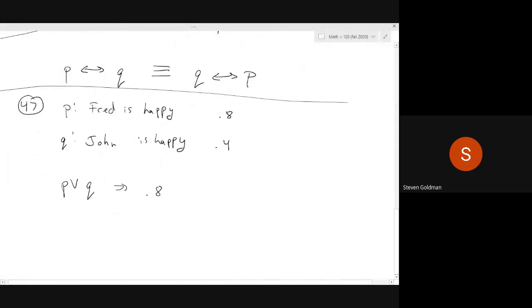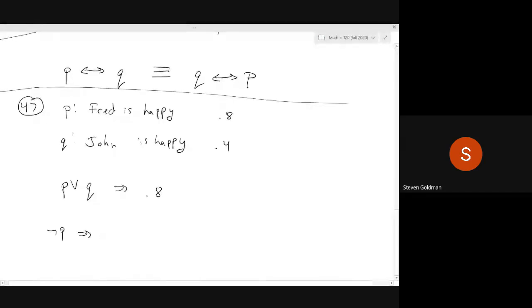You were also told in a previous problem, 45 in the 7th edition here, that the truth value of the negation of a proposition in fuzzy logic is 1 minus the truth value of the proposition. So Fred is not happy, not P. The truth value for that would be 1 minus 0.8, which is 0.2.